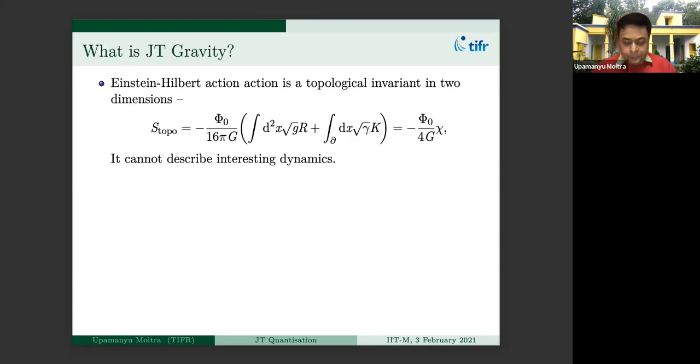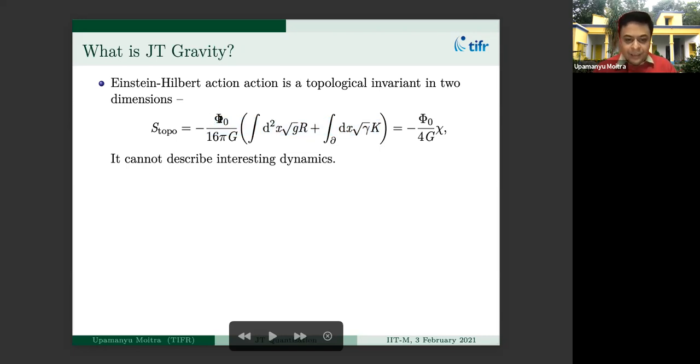JT gravity. So JT gravity is a model of two-dimensional gravity, and it is known, I think, to all the audience that the Einstein-Hilbert action is a topological invariant in two dimensions. So this is the form of the Einstein-Hilbert action.